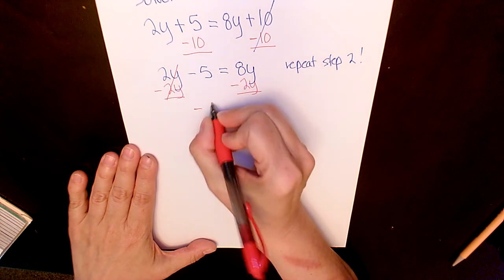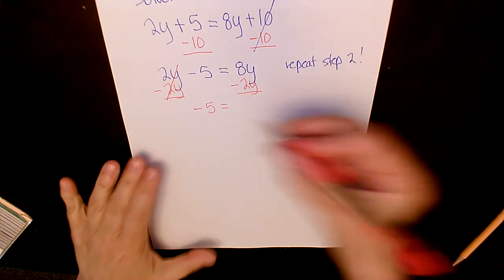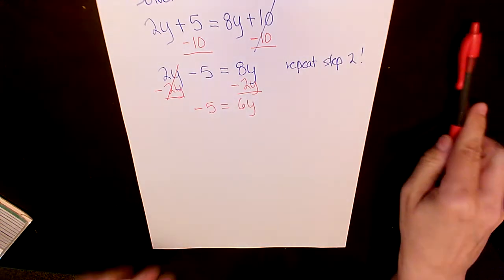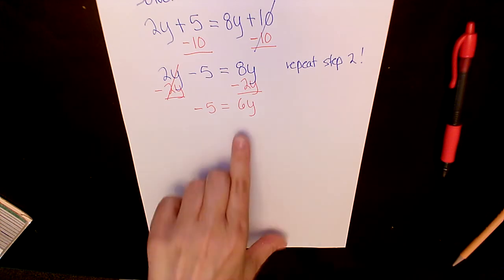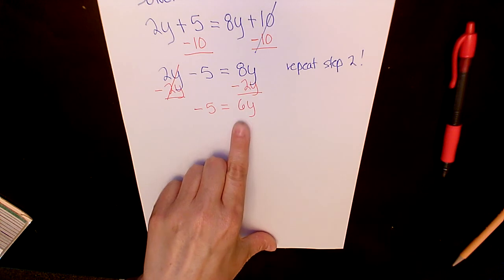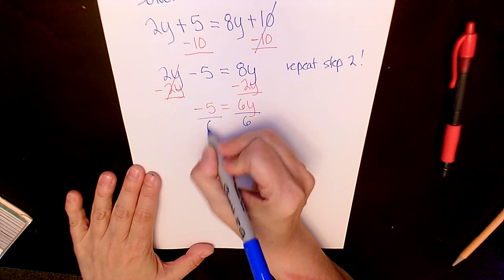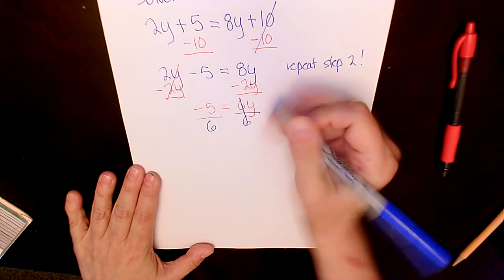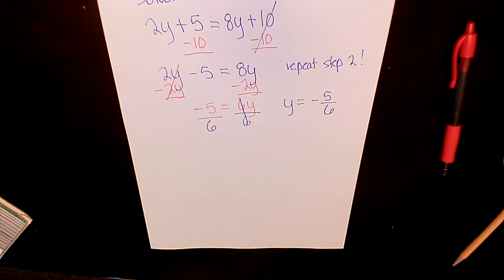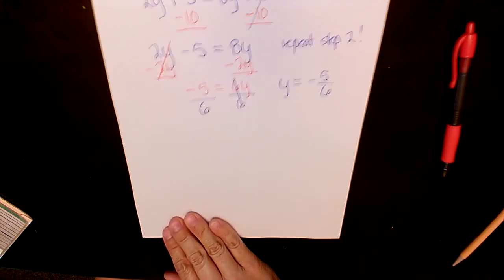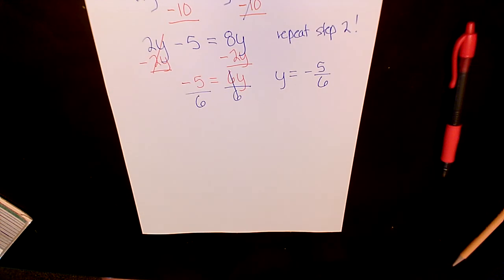The 2y's cancel, and 8y minus 2y is 6y. And last step, I'm going to divide both sides by 6. So these cancel. So y equals negative 5 over 6. And you want to put that in using the keypad, put in the fraction, negative 5 on top, 6 below.